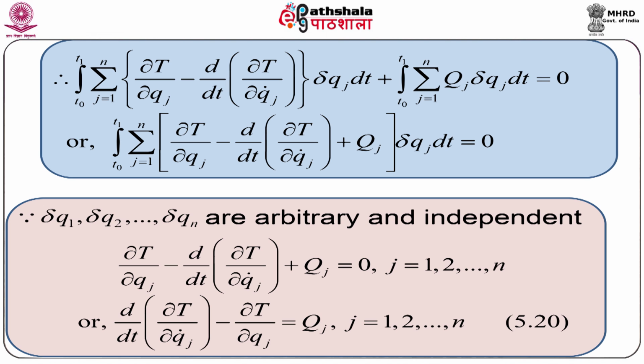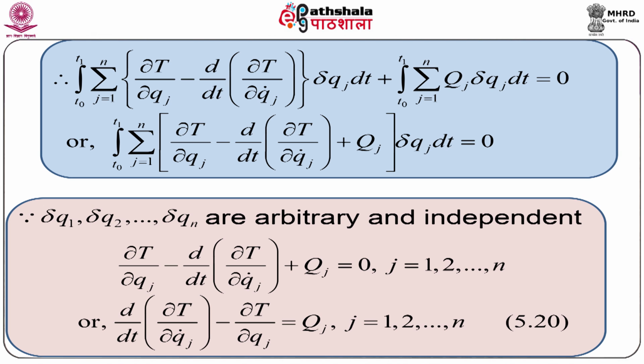Using the result 5.19, we get integration T0 to T1 summation j equal to 1 to n del t del qj minus ddt del capital T del qj dot delta qj dt plus integration t0 to t1 summation j equal to 1 to n capital Qj delta Qj dt equal to 0.